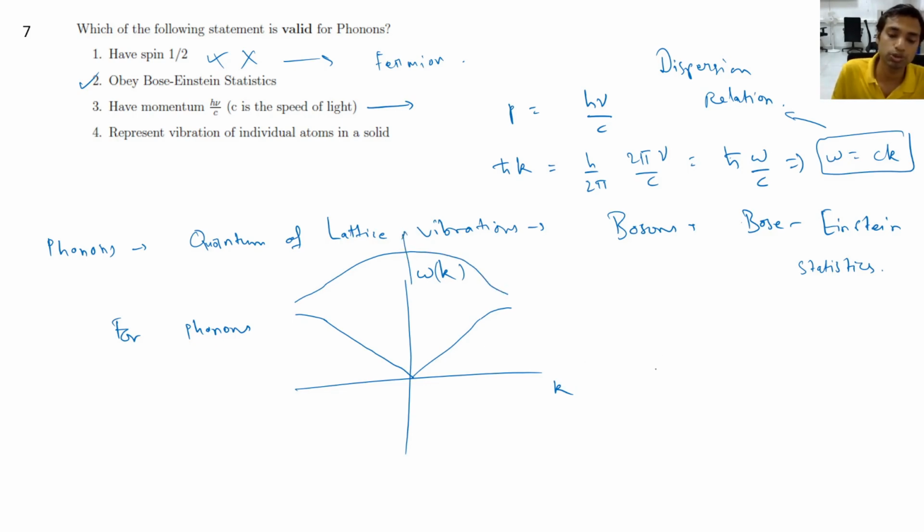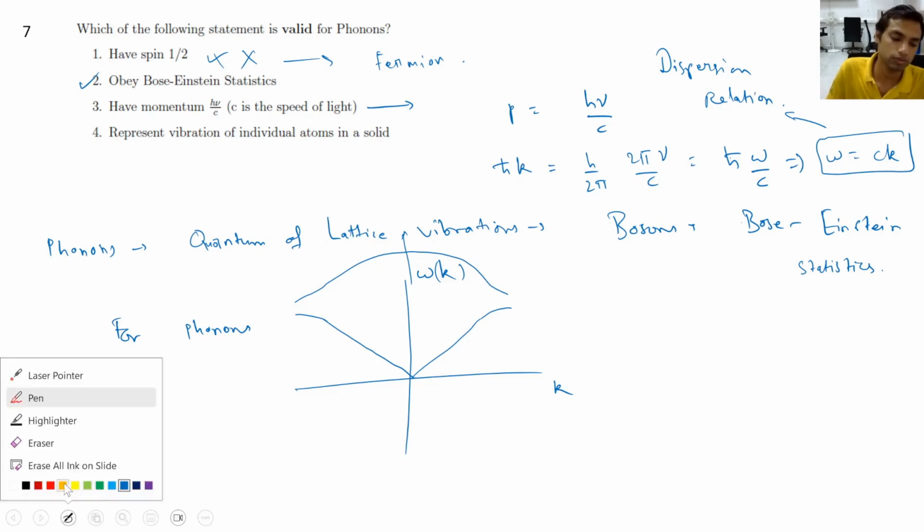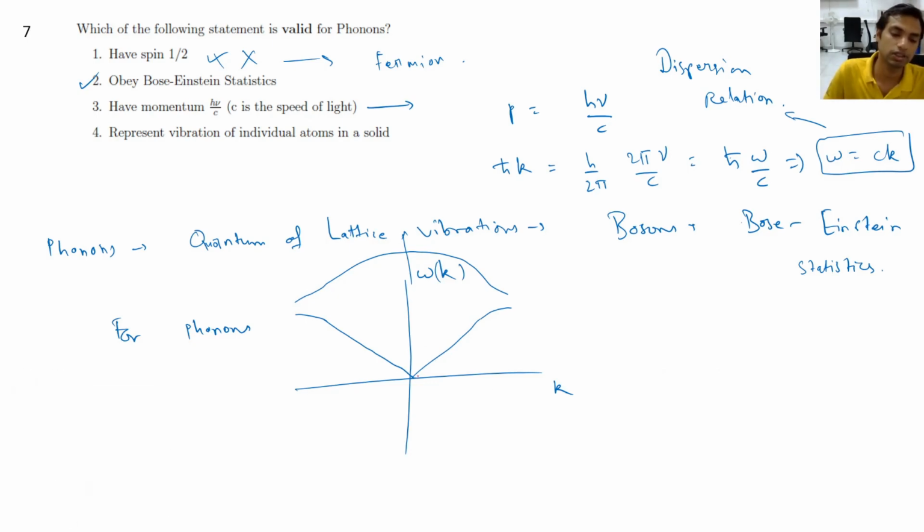But the point to note here is, if you compare this with light, for light the slope, omega equal to ck, is really very steep as compared to this.